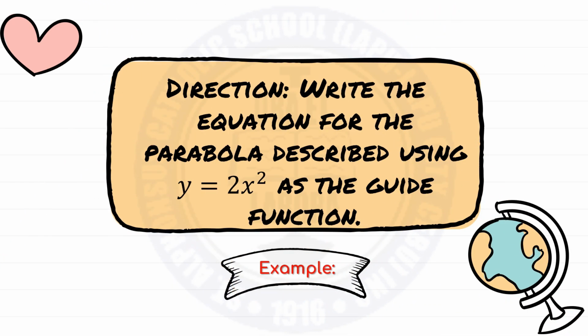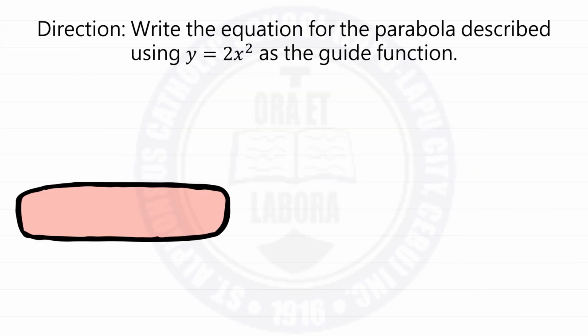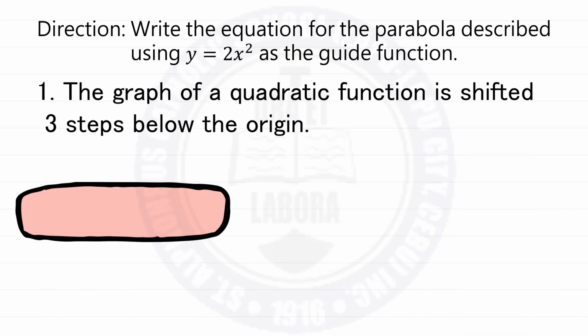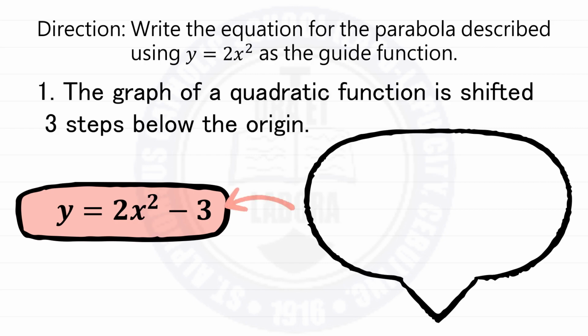Examples. Write the equation for the parabola described using y equals 2x squared as the guide function. Number 1. The graph of a quadratic function is shifted 3 steps below the origin. The answer for the equation of the parabola is y equals 2x squared minus 3.